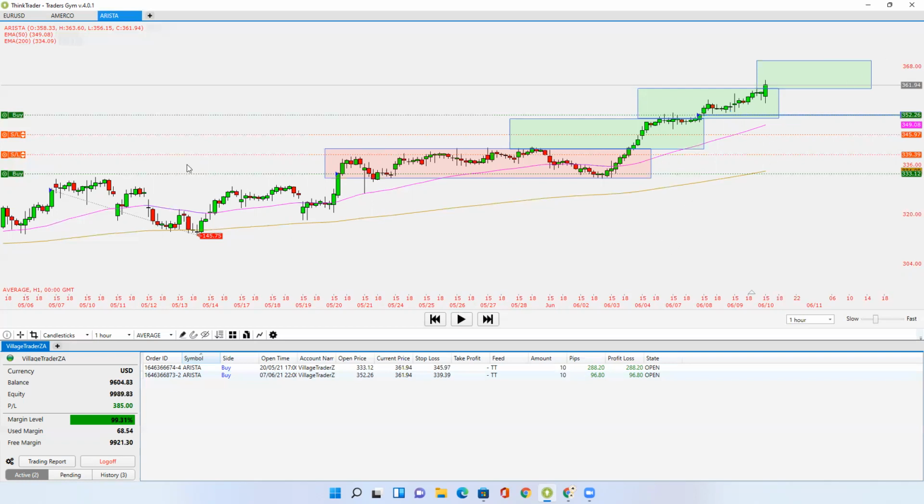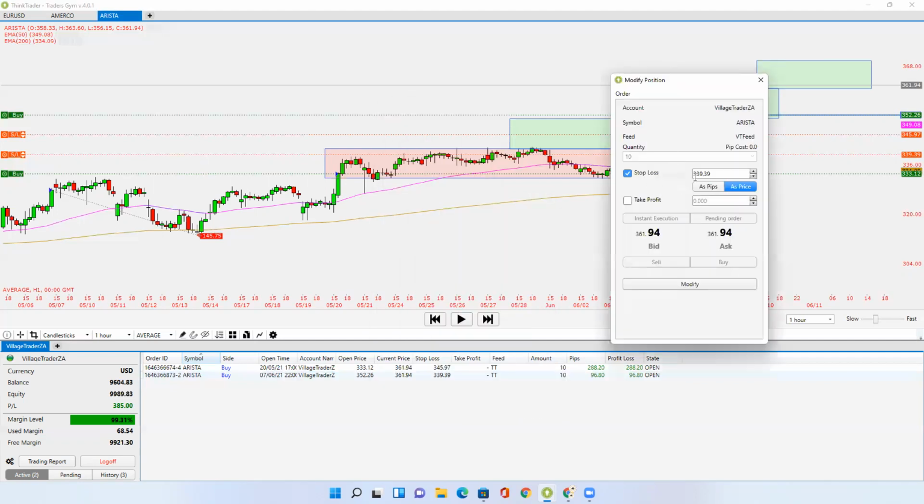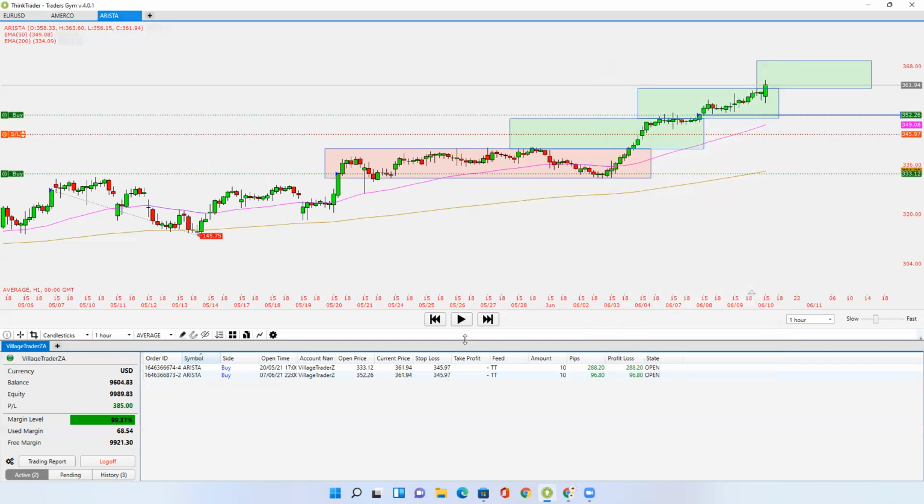I still want to have the 50-day as a buffer to protect me. So the new stop is 345.97. All right.